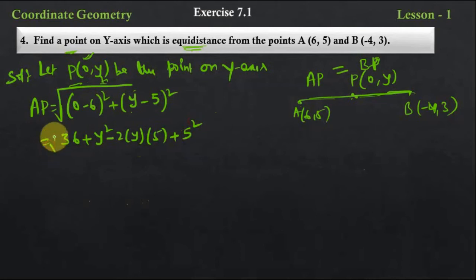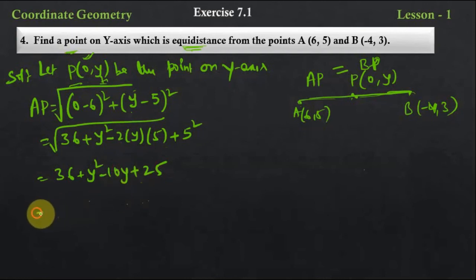Okay, right. Now we will simplify this. 36 plus y square, 2 5s are minus 10y plus 25. Chalo, now we'll add the like terms here. 25 and 36 both are numbers, we can add those, right?